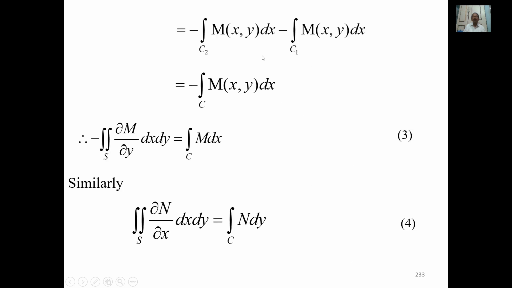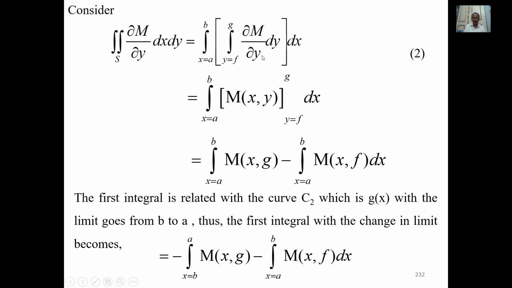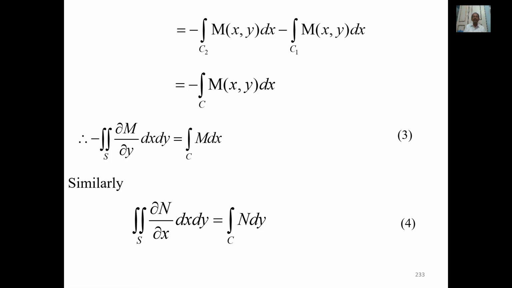So this can be written with y instead of g: this is for the curve C2, and this is for C1. And C1 plus C2 equals C, as we know already. So in total we can write this as minus the integral of M as a function of x comma y dx.